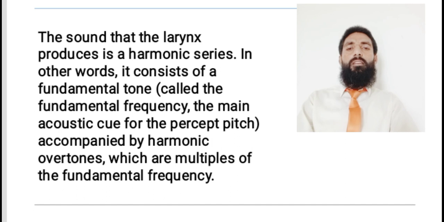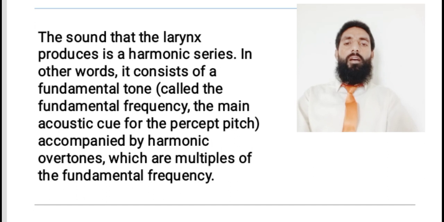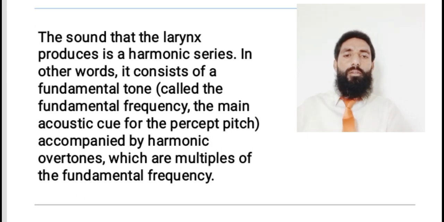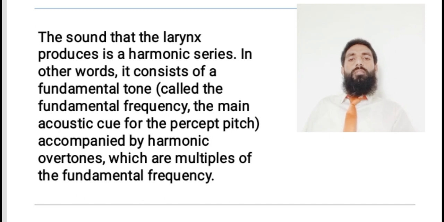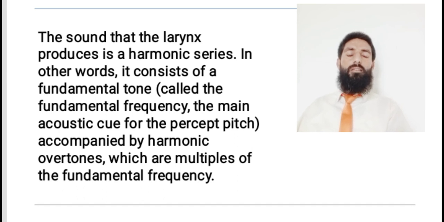Okay, next slide. The sound that the larynx produces is a harmonic series. In other words, it consists of a fundamental tone called the fundamental frequency, the main acoustic cue for the percept pitch. Acoustics is a branch of physics which deals with the study of sounds, how sound is produced and how sound is phonated.